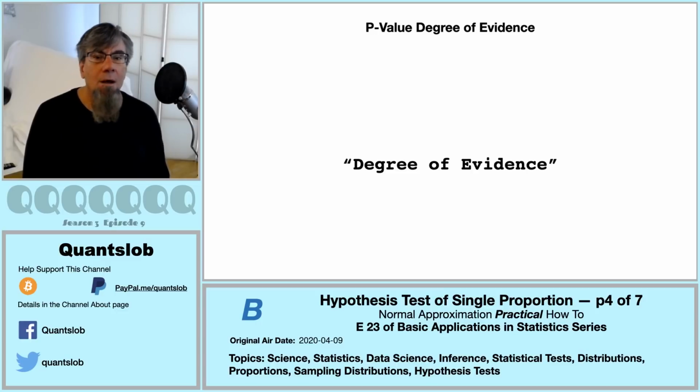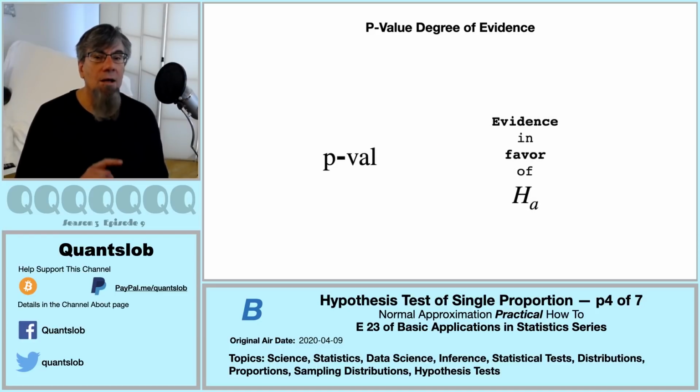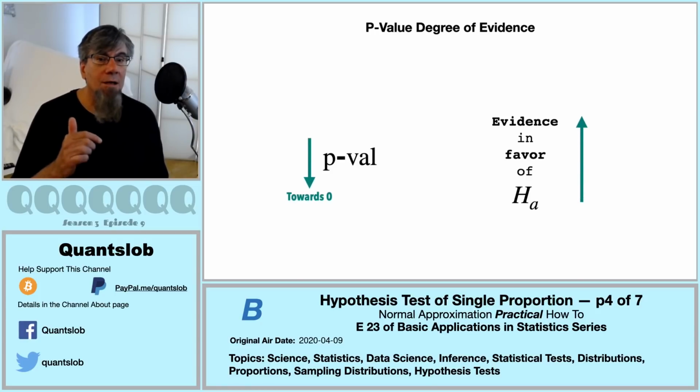In any case, a measure of evidence statistical test is very much the same as what we just looked at. However, we do not specify a level of significance at all. The resulting p-value is simply interpreted as a degree or amount of evidence. The smaller the p-value, the more the evidence against the null and in favor of the alternative hypothesis.